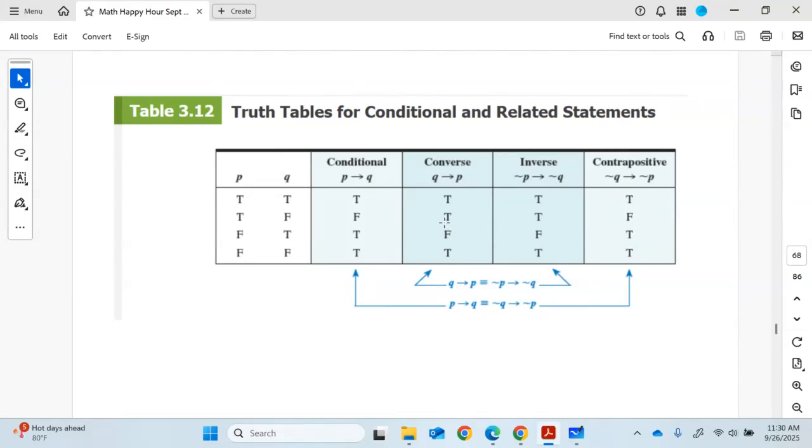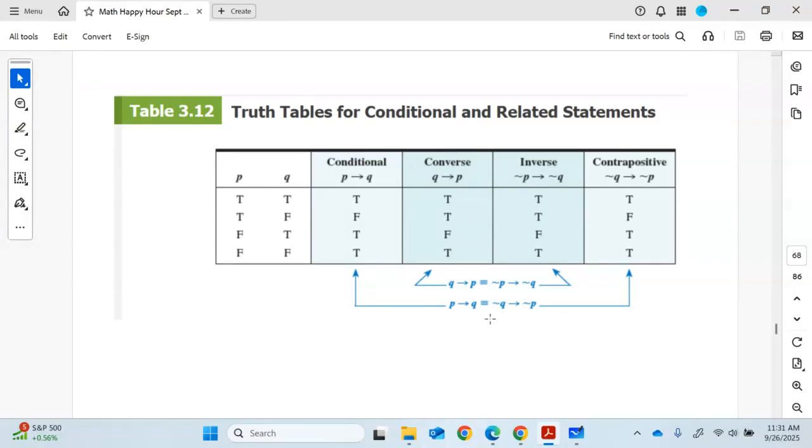If you create the truth table, it turns out that the conditional, your original statement, is equivalent to the contrapositive. So that one that is the strangest, when you need to interchange the order and negate both, those two are equivalent.